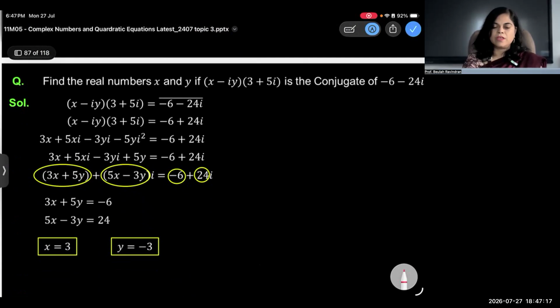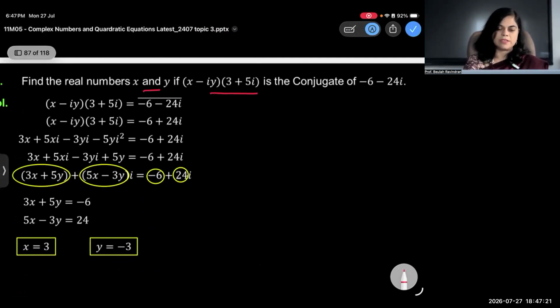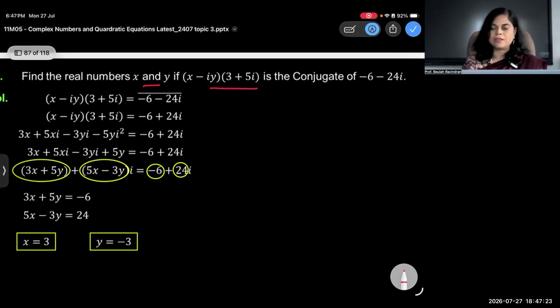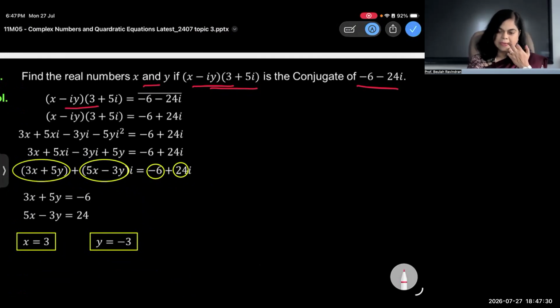Find the real numbers x and y if this is the conjugate of this. It is very important and interesting. This is the conjugate of this, it is given. This number should be equated to this number, which means this is the conjugate of this number. What is the conjugate of this number? Plus, right?